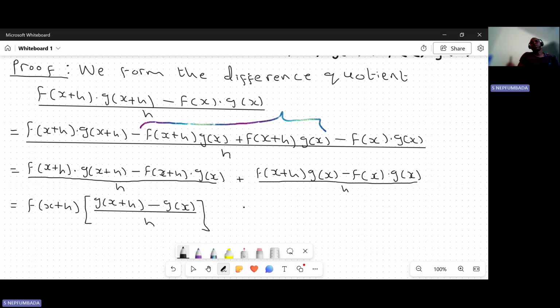And even on our second one, we have a common factor, which is nothing but g at x. So this is g at x into f at x plus h, minus our f at x, sorry about that, minus f at x because we took g at x as our common factor. So it's divided by h.